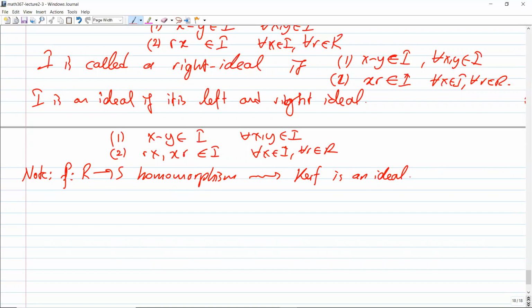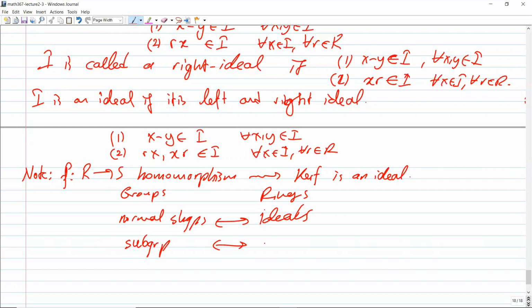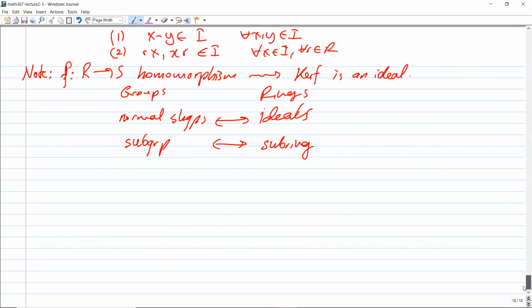So in groups we have normal subgroups, and in rings we have ideals. So ideals correspond to normal subgroups, and subgroups in some sense correspond to subrings. Okay, in some sense it's like that. Okay, next.